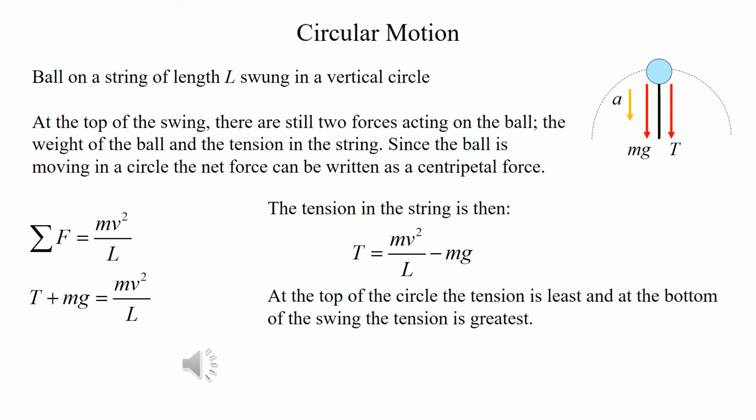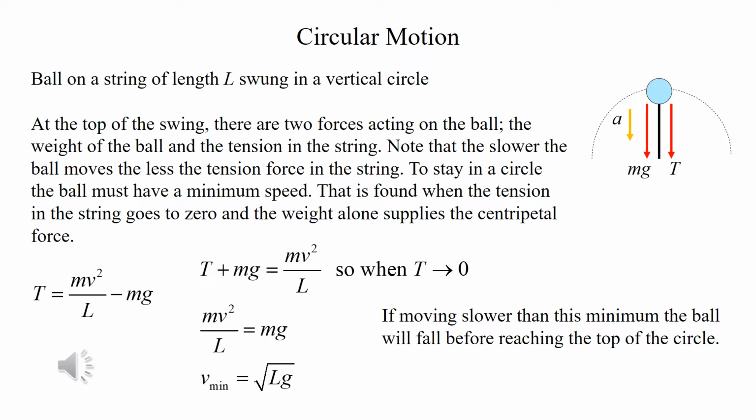So from this, we can see now what minimum speed we have to make it all the way around the circle. All right, so the minimum speed that we have to stay in a circle must be when the tension just goes to 0. So in the previous slide, we saw mv squared over L minus mg was the tension.